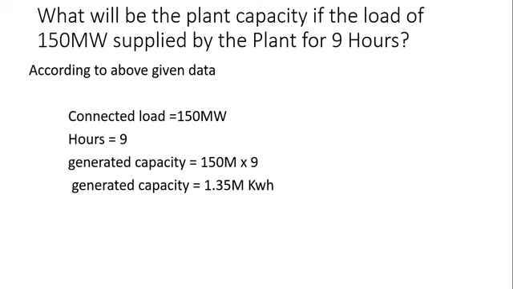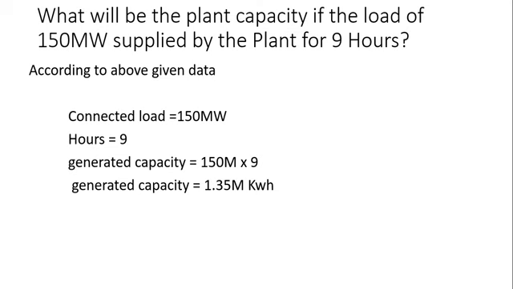Either it should be asked in this way: what will be the plant capacity factor if the load of 150 megawatts is supplied. In this way we would have the actual plant capacity, and we would also have a load, so we would divide and find the plant capacity factor. The other thing is that plant capacity is always in megawatt, but according to this question it is shown as 150 megawatt for 9 hours.